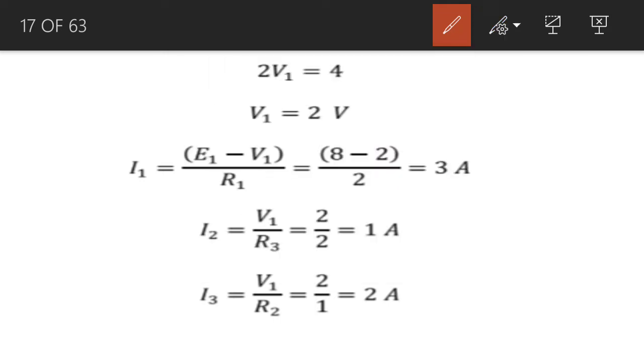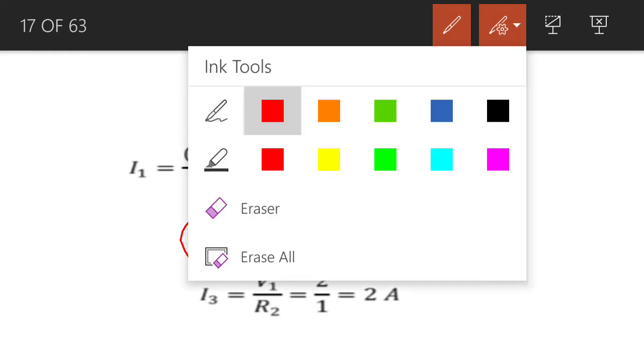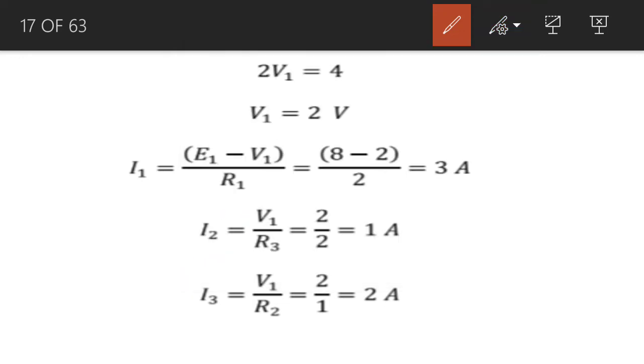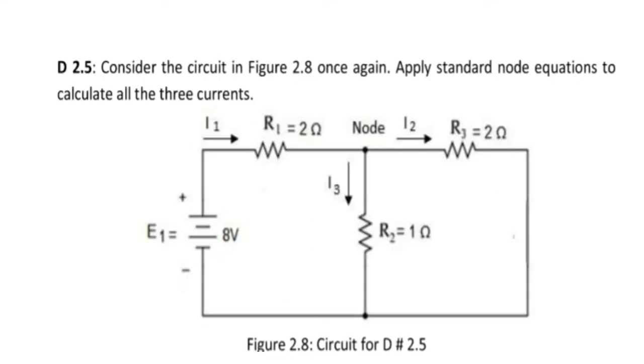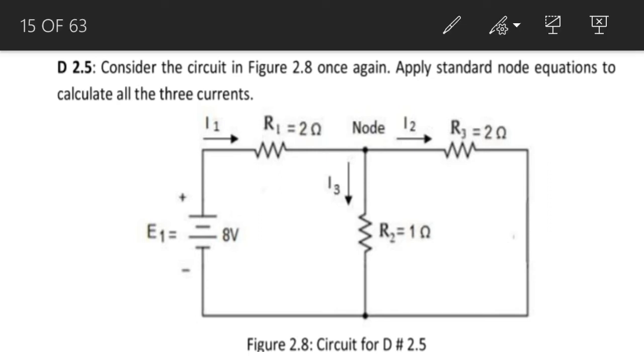Now we want to calculate the current I2. So let us consider this current in the diagram. We go back to our diagram and consider the calculation of the current I2.